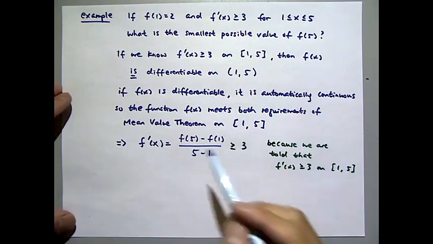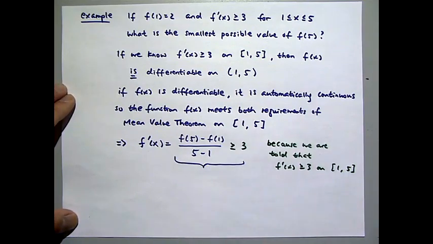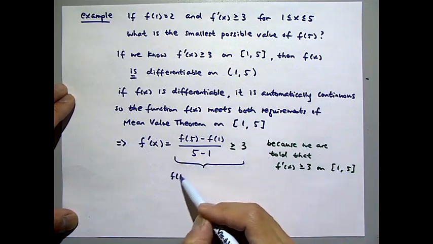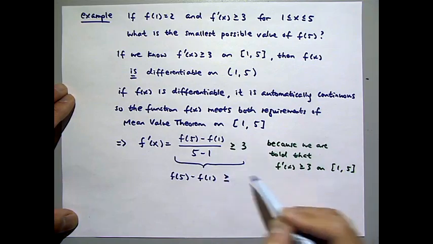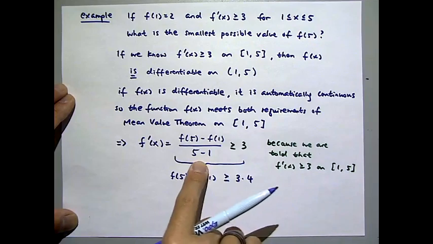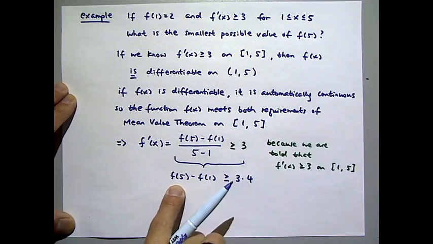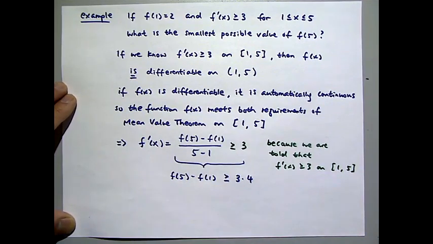Okay, now focus on the right side of this thing here. We can say that f of 5 minus f of 1 must be greater than or equal to 3 times 4, right? There's a 4 downstairs. If I multiply both sides by 4, then we know that f of 5 minus f of 1 is greater than or equal to 3 times 4.